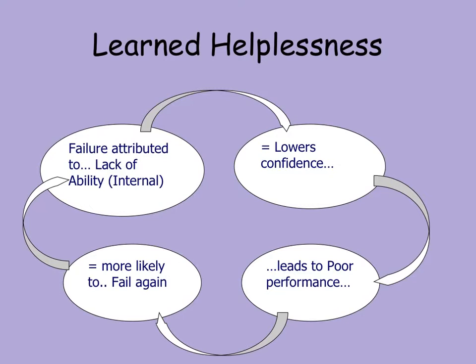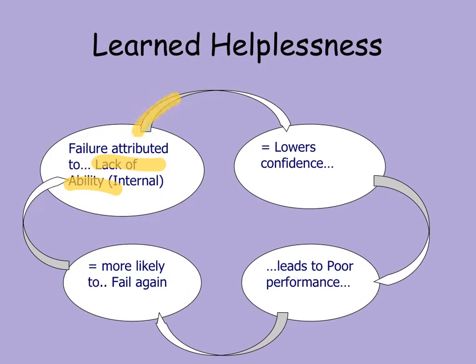So firstly, in failure, which the high NAF person would quite often find themselves in that situation, that failure will be attributed to their lack of ability. So obviously this is their internal and stable factors. Always worth applying your answers here to Weiner's model. So you can see that we work our way around here.